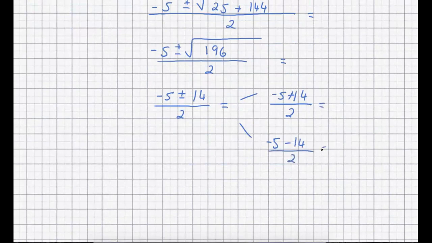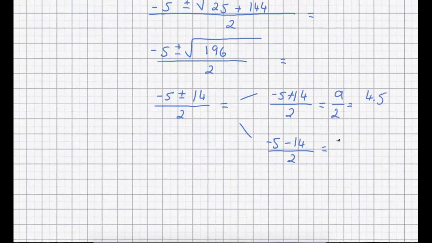Okay. So minus 5 plus 14 is 9. Divided by 2 is 4.5. Yeah. And the best way to do it is first write 9 divided by 2 and then 4.5. Okay. Got it.